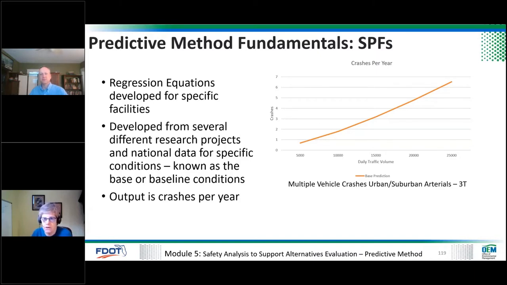They're just regression equations developed from crash data and roadway and traffic volume data on specific facilities across the country. And in the manual, you'll find these equations for rural 2-lane highways, rural multi-lane highways, urban and suburban arterials, and then there's freeways and ramps.